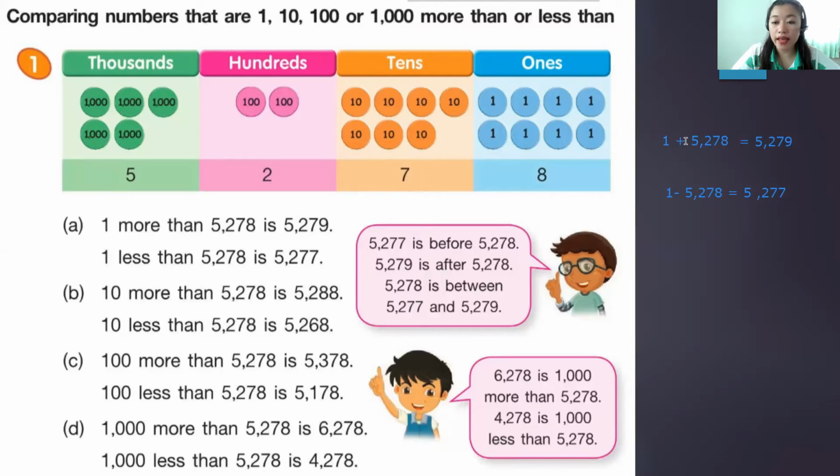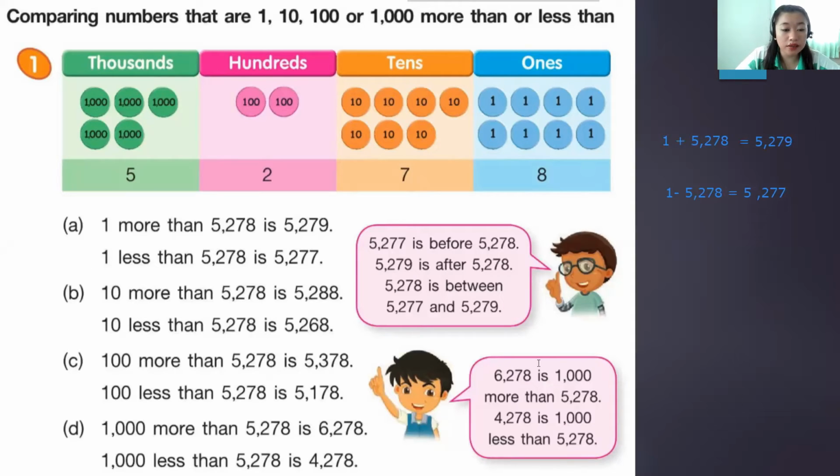So let's continue. In letter A, 1 more than 5,278 is equal to 5,279. And we also have 1 less than 5,278, which is equal to 5,277.